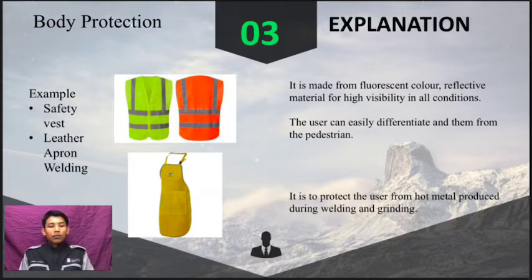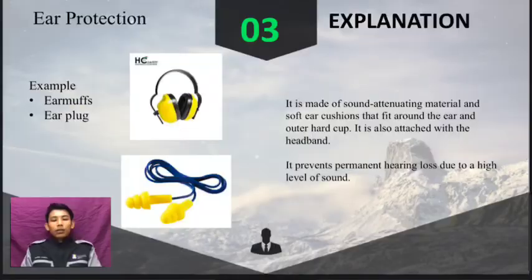The function of the safety vest is that the user can be easily distinguished from pedestrians. The function of the leather welding apron is to protect the user from hot metal produced during welding and grinding.